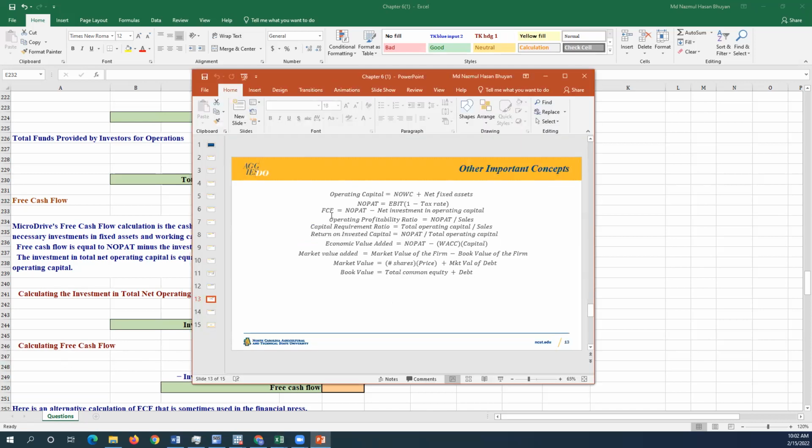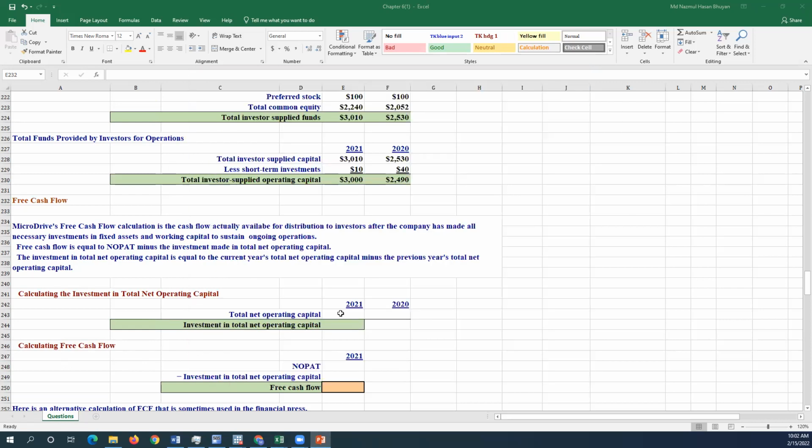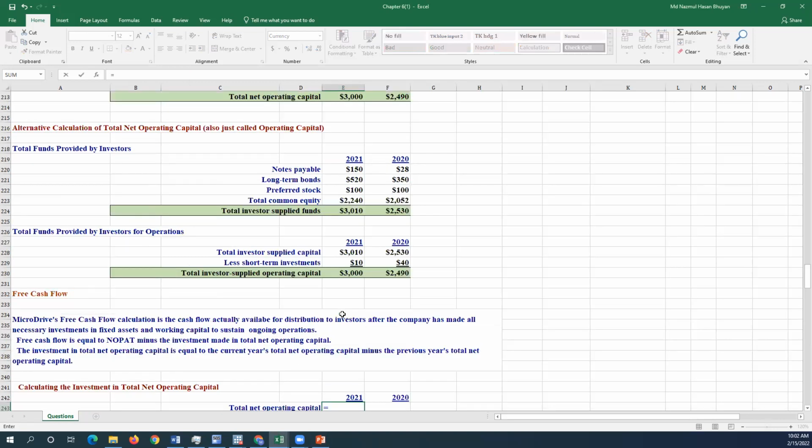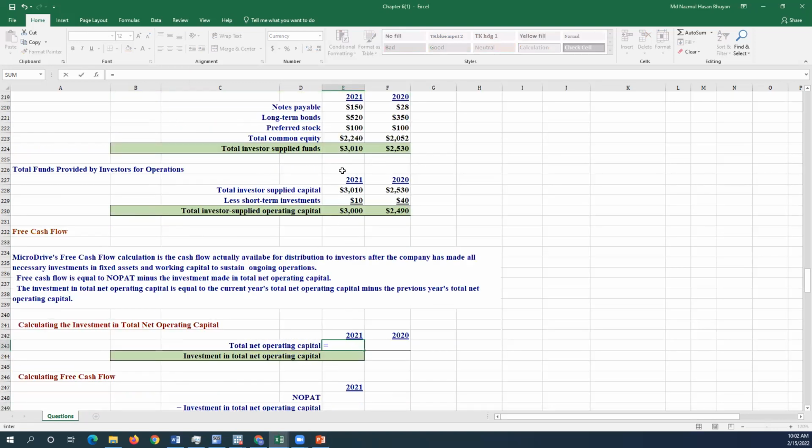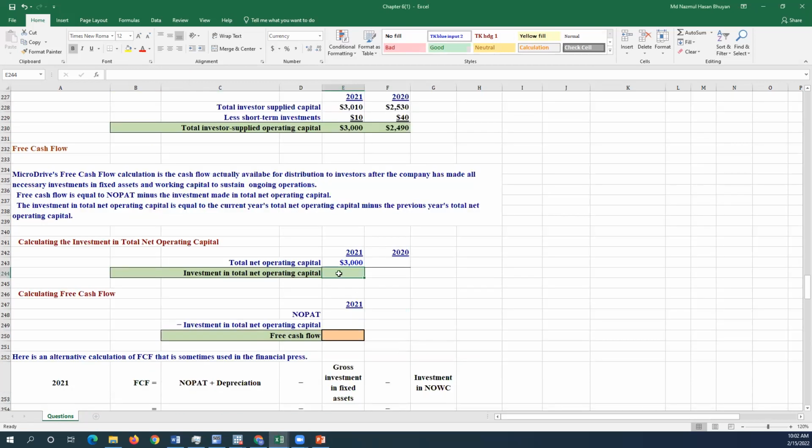We can see free cash flow to the firm is the difference between net operating profit after tax and changes in the operating capital. So first let us calculate changes in total operating capital. We have our total net operating capital calculated here for the year 2021 and 2020. Then let us calculate the changes in the total net operating capital from the year 2020 to 2021.